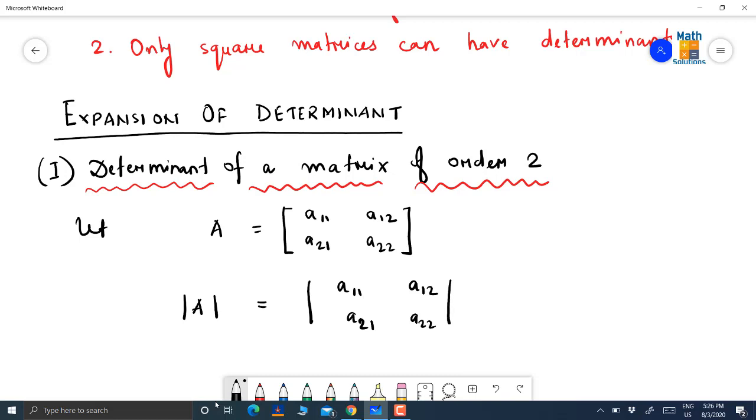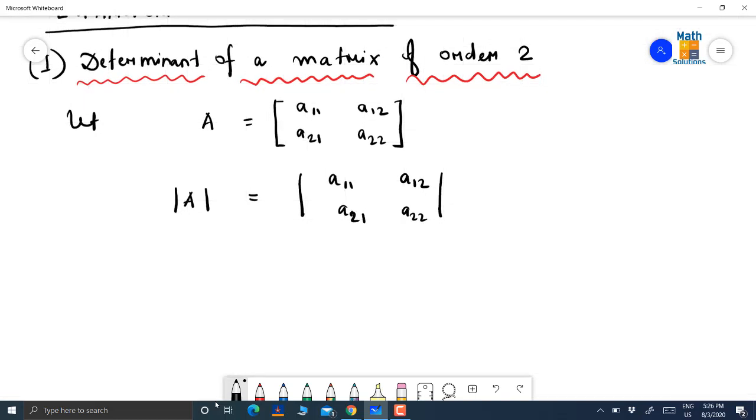While expanding this, these two terms get multiplied first, A11 A22, followed by a minus sign in between. Then these two terms get multiplied, A12 into A21. This is the expansion of an order 2 determinant.